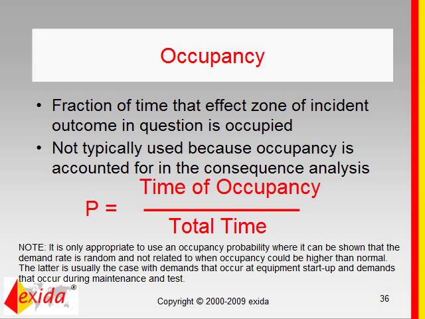If I'm concerned with the consequence of hurting a human being, and I've assumed in my consequence classification that the platform is always occupied, then I can take this occupancy factor into consideration. But the key is that you have assumed a continuous, normal, fully occupied situation from your consequence perspective, and then you take the credit in your occupancy factor, in the occupancy layer of protection.